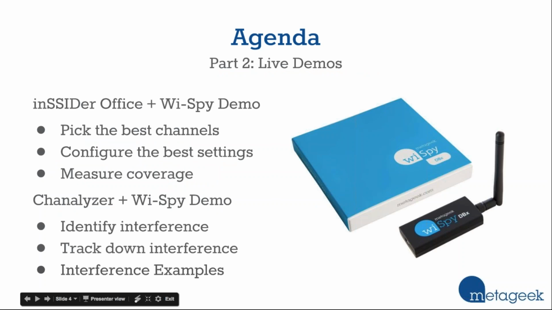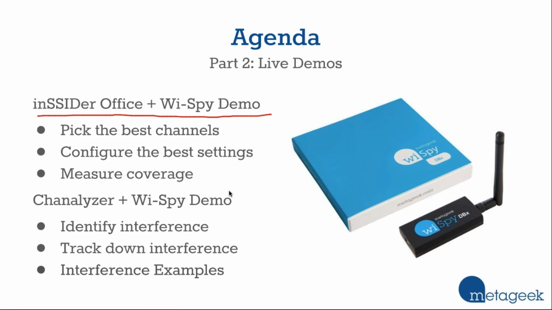In part 2, we'll jump over into the live demos. We'll start out with a demo of inSSIDer Office and the Wi-Spy DBX. I'll show you how to use that to pick the best channels for your wireless network, whether you're doing a single access point setup or a multi-access point setup, how to configure the best settings for your wireless network in general, and measure coverage.